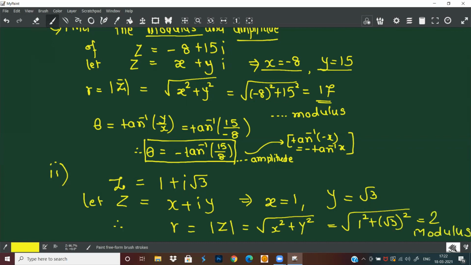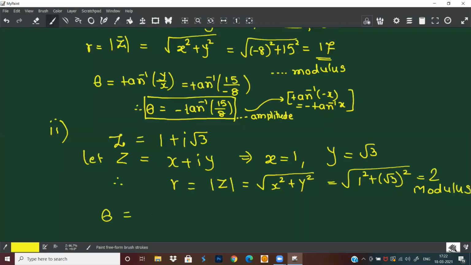Very good. Theta is tan inverse of y by x.